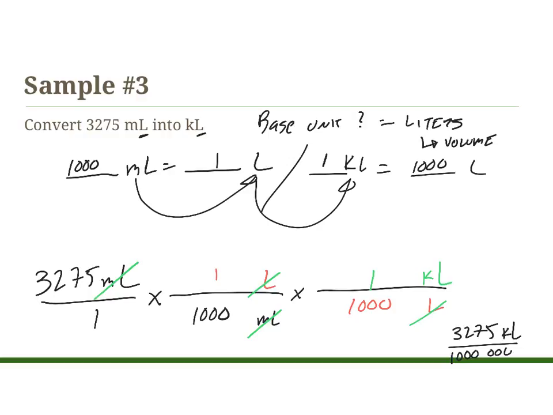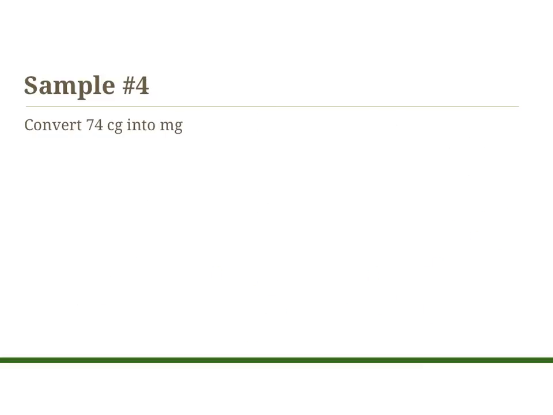So I'm going to take 3,275 divided by 1,000,000, and I'm going to get a value of 0.003275 kiloliters, which I probably should have done in green, so I'm going to write that up here, 0.003275 kiloliters. Cool. One more problem to show you.